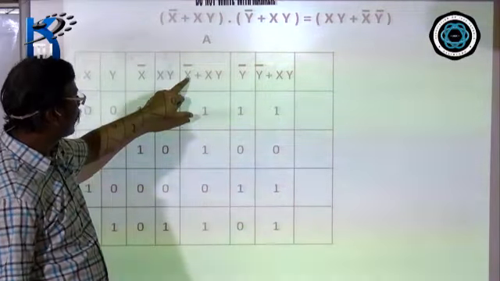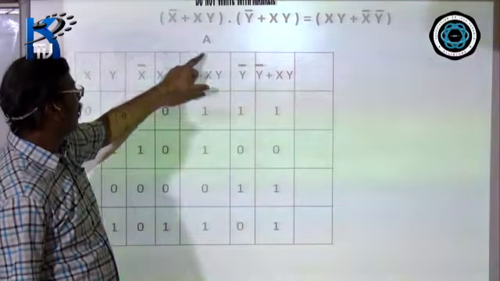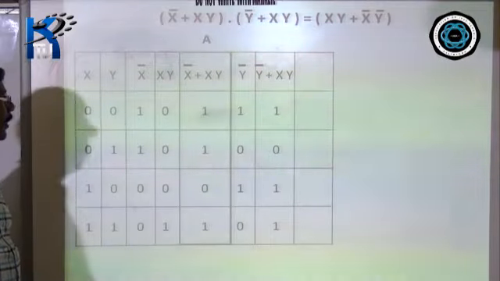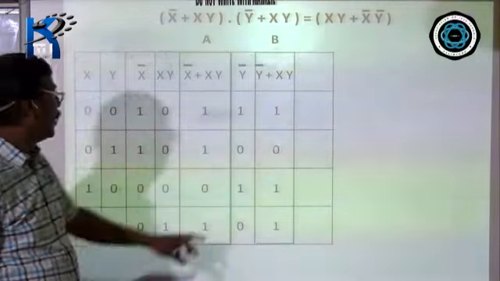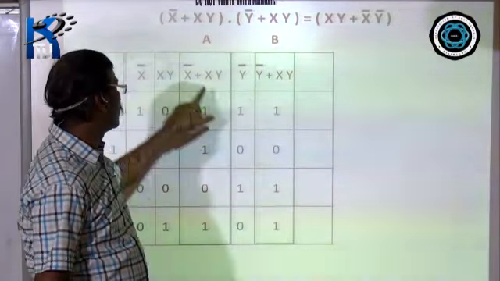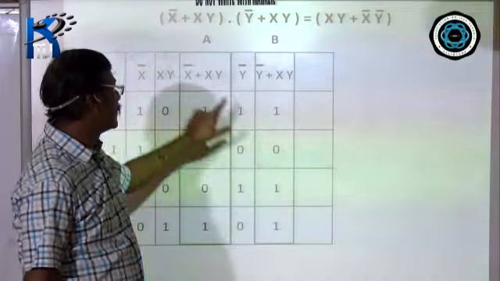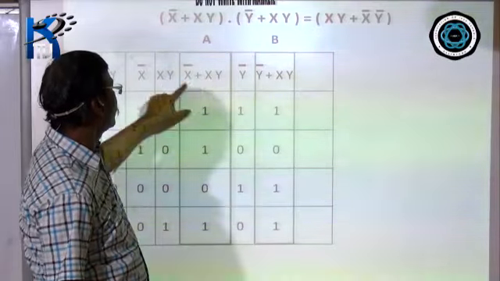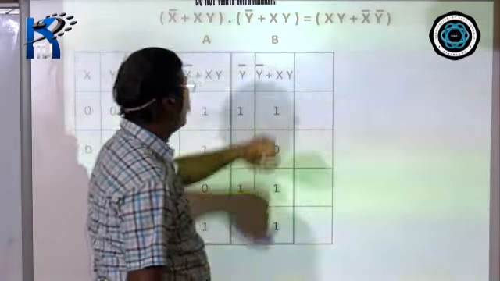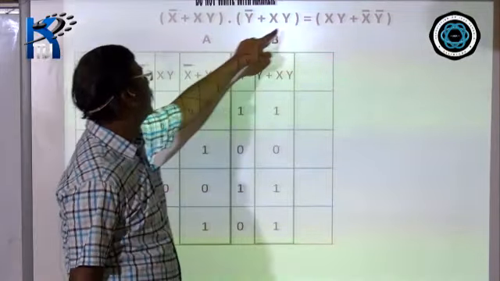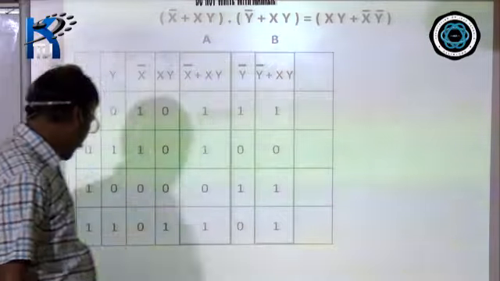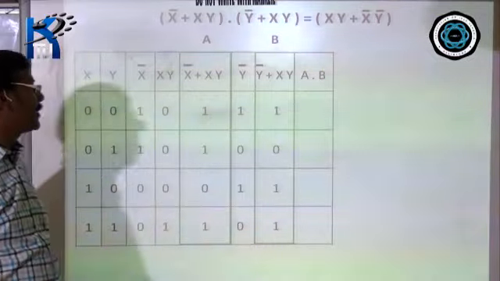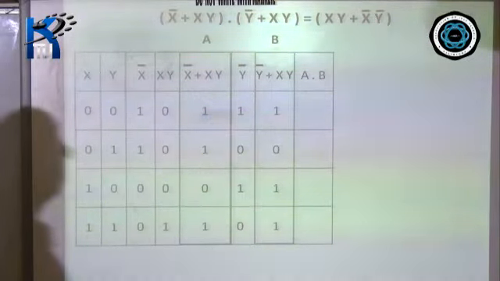Like this column where we have solved x complement plus xy, I am giving the new alias A. And the next one, y complement plus xy, as B. So this column as A, this column as B. Since this whole expression will not fit in my table, I have shortened it by representing this expression as A and this expression as B. So here this is A, this is B. So A dot B. Now I write in the column header A dot B, where A is x complement plus xy, B is y complement plus xy.